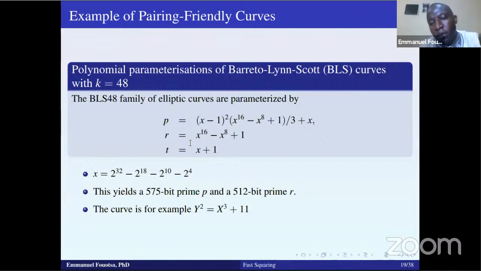This is an example that I took in the literature, called the Barreto-Lynn-Scott elliptic curve with K equal to 48. This value X will give you a prime number of 575 bits, while R will be a prime number of 512 bits. In this case, the corresponding elliptic curve is y squared equals x cubed plus 11. So this is an example of a pairing-friendly elliptic curve.